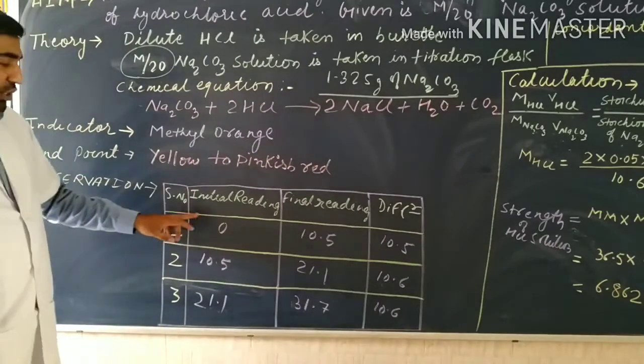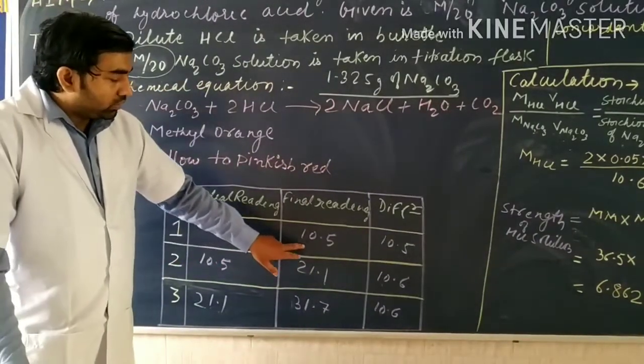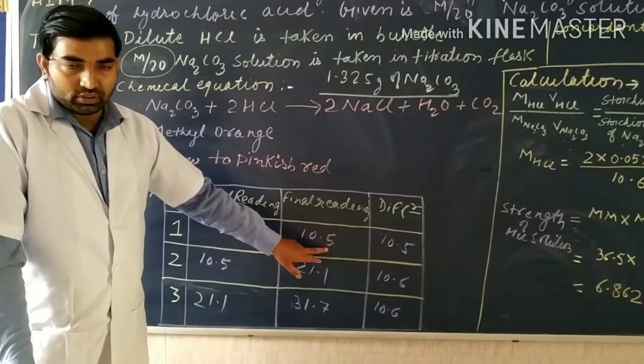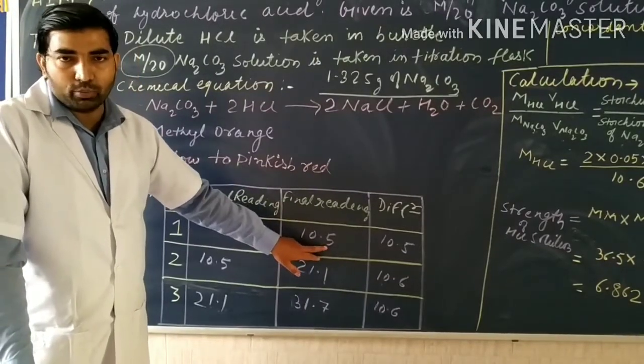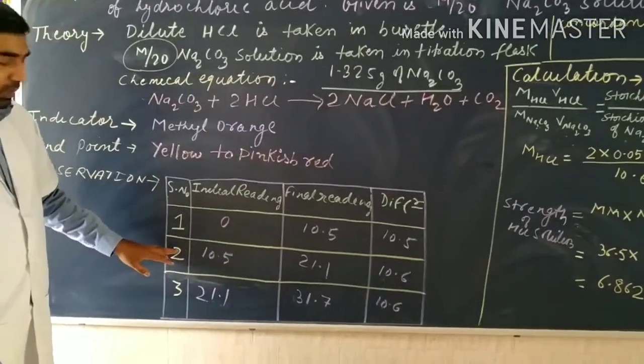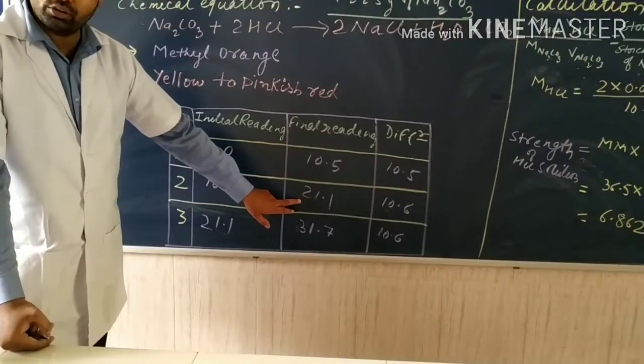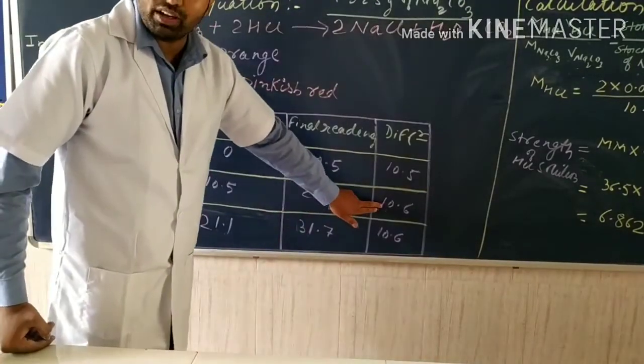As the initial reading of the burette is 0, for the first experiment the final value is 10.5. The volume of HCl used is 10.5 ml. For the second experiment the initial reading is 10.5 and the final reading is 21.1. The difference is 10.6.